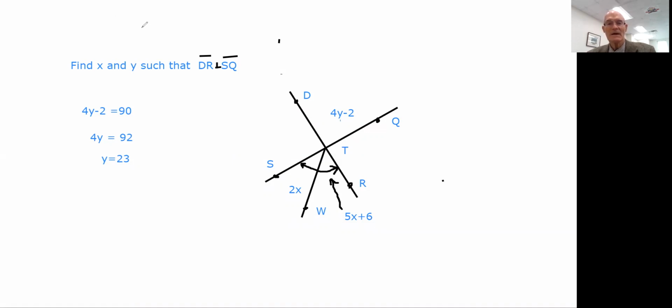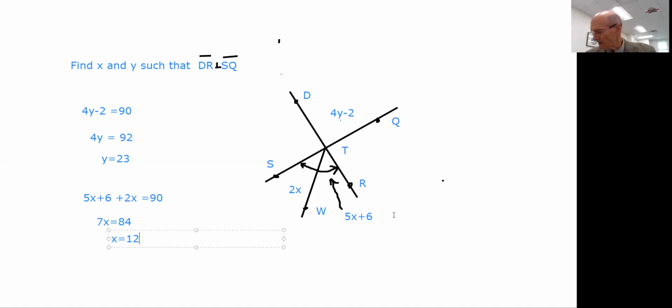So now we have an equation that says 5x plus 6, which is that angle, plus 2x is equal to 90. So we do our algebra, we get 7x equals 90 minus 6, which is 84. If we divide 84 by 7, we get 12. So x would be 12.